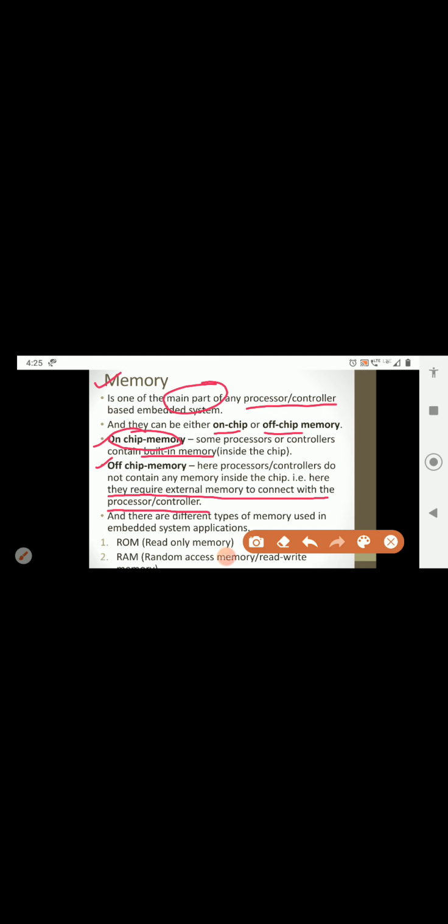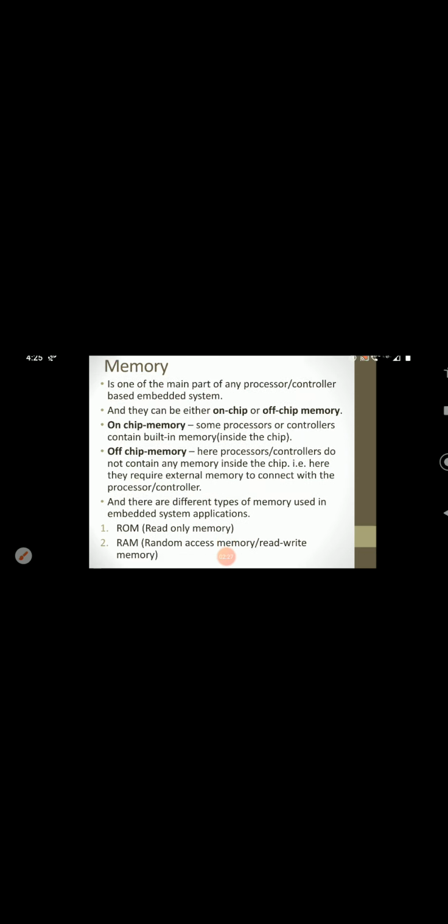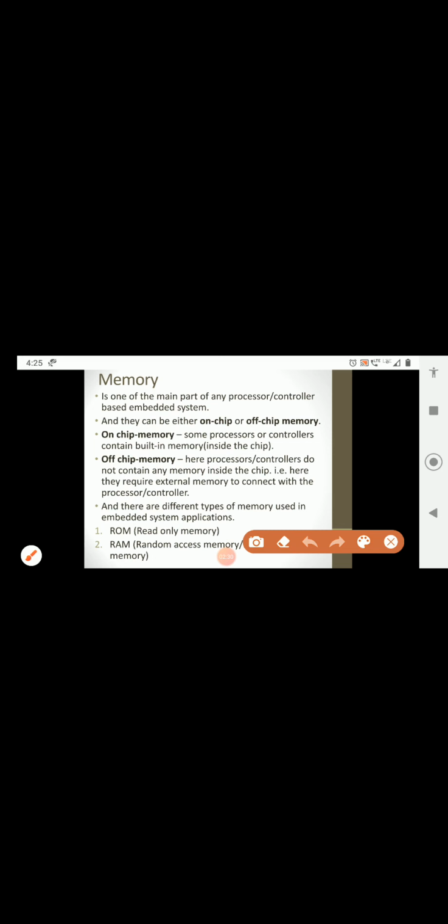These memories, on-chip memory and off-chip memory, are further divided into the following types in embedded system applications. Either it may be a ROM or it may be a RAM type.